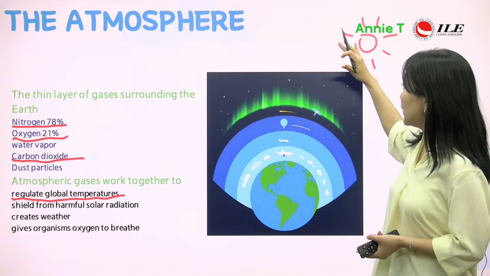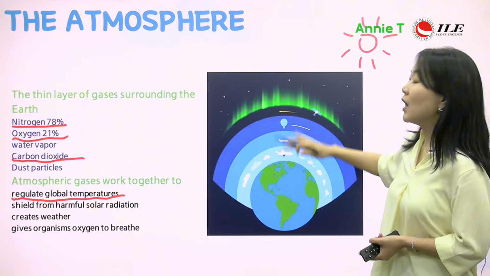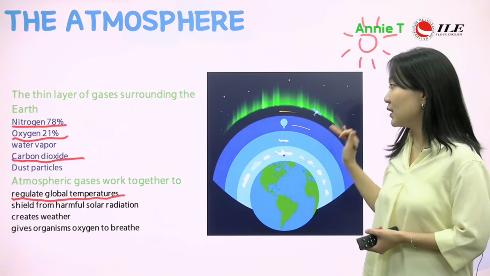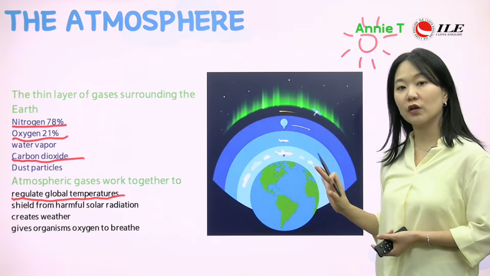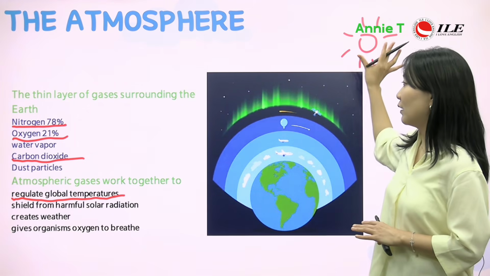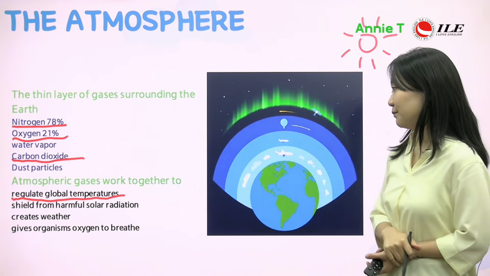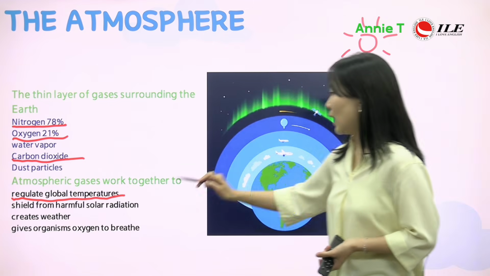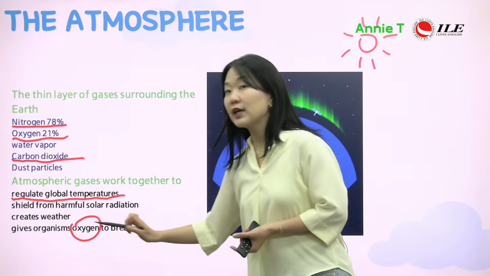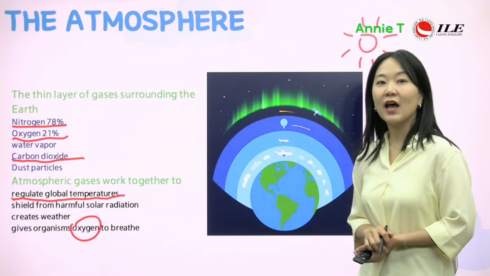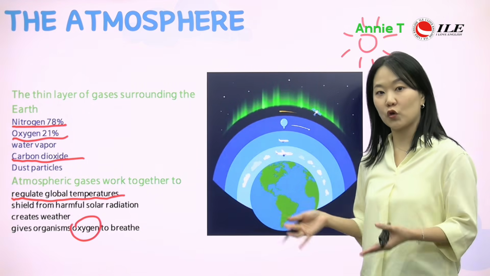So, the solar radiation from the sun has harmful ultraviolet rays, and the atmosphere around the Earth will shield or protect from some of that solar radiation. Okay, finally, yes, atmosphere will give oxygen to breathe. It will also give carbon dioxide to the plants so they can perform photosynthesis.